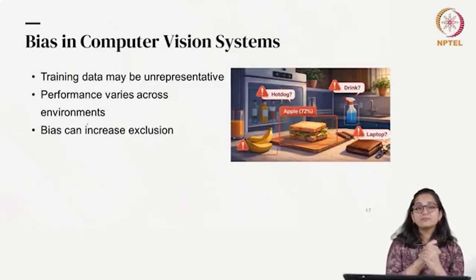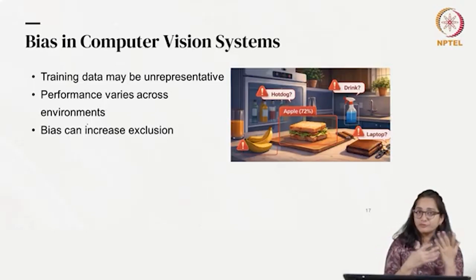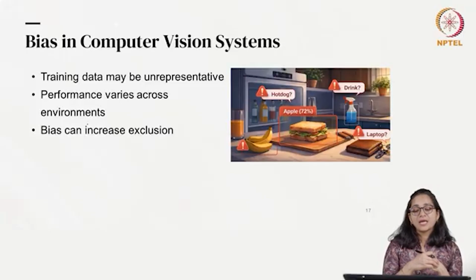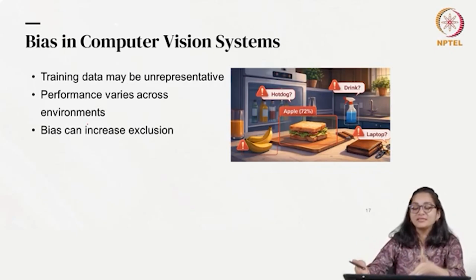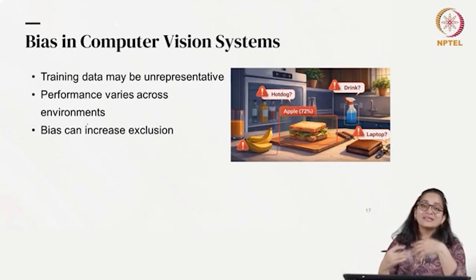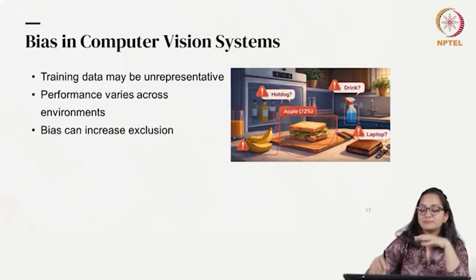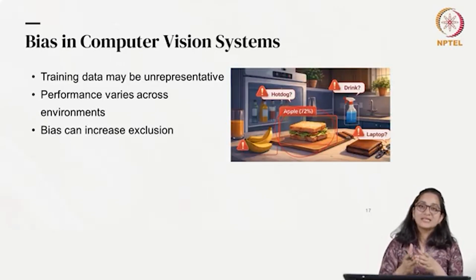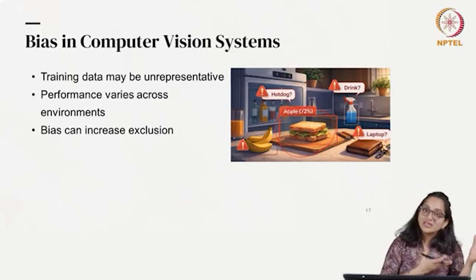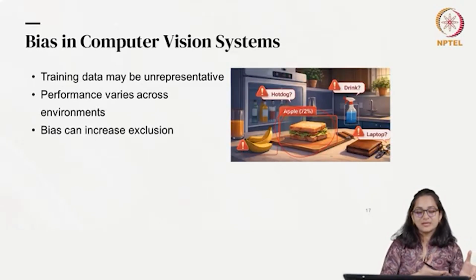So if my model is trained on 20 lakh images of different kinds of food, in which, I don't know, most of them were apples, then if I feed it another image, it is likely that it will predict that, okay, whatever food is placed, it is an apple, right? So then that means that there is a bias in the model, in the prediction, because the training data is biased, right?